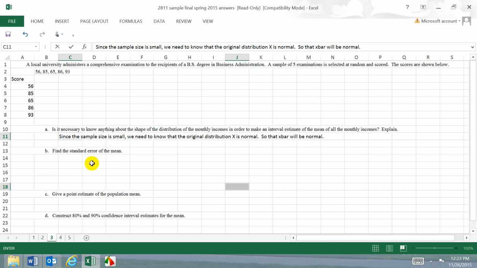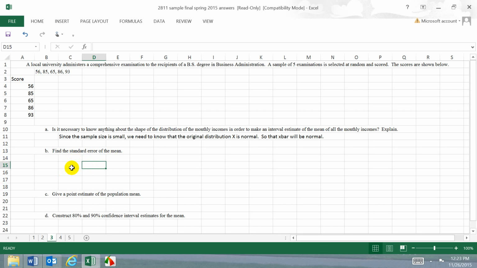Find the standard error of the mean. So the standard error of the mean we've done a number of times. But now, since we do not know the standard deviation of the population, do not know sigma, we have to find S in order to get the standard error of the mean.